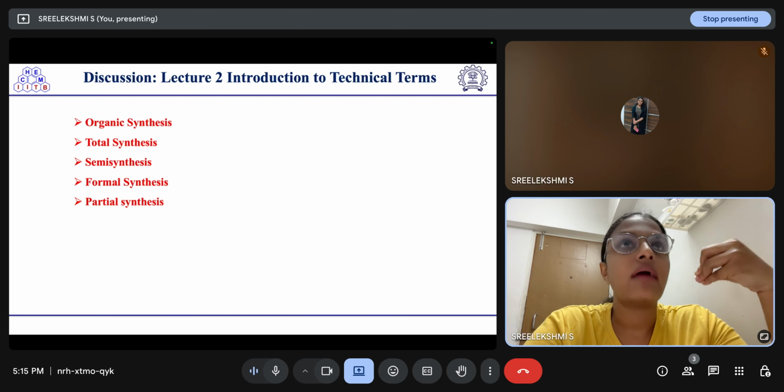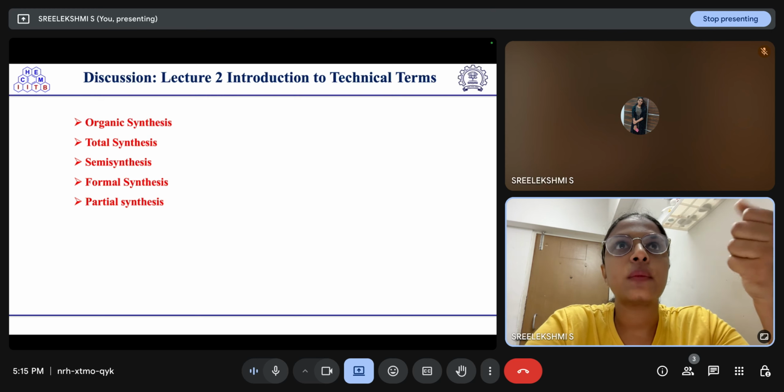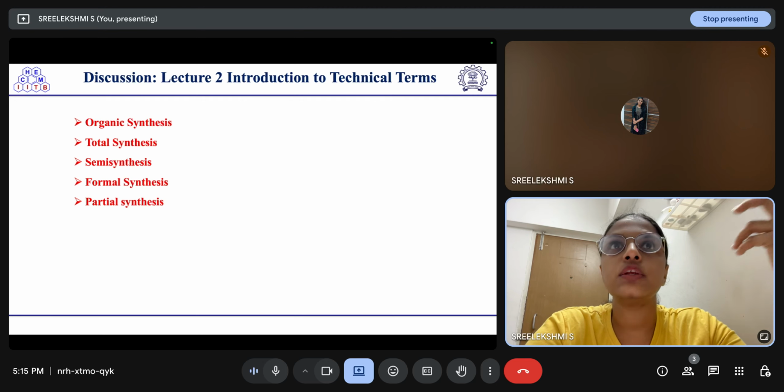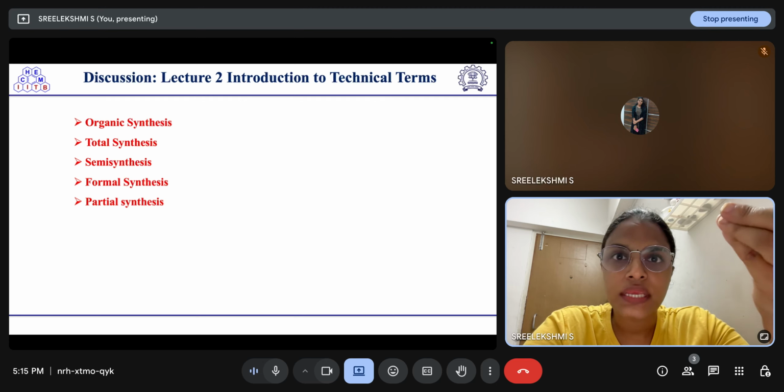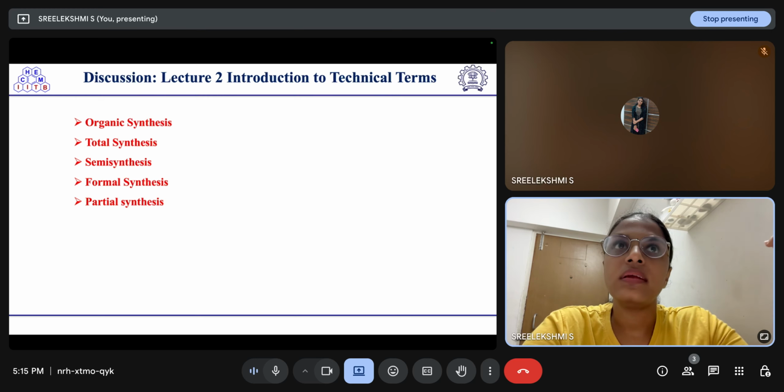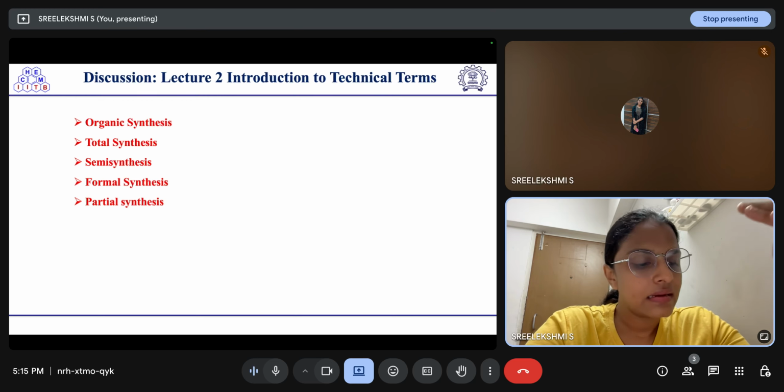So if we have to isolate this natural product from the bark, the tree should be grown into its full size, and only then can we isolate it from the bark. The amount which we can isolate from one single tree will be very less. So another compound is there, which is 10-deacetyl baccatin III.